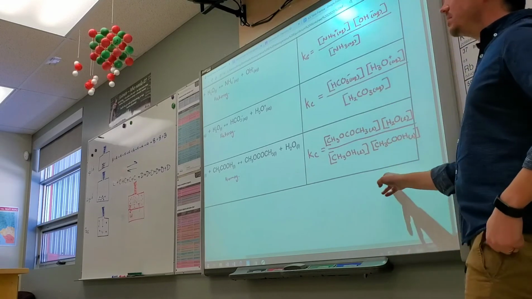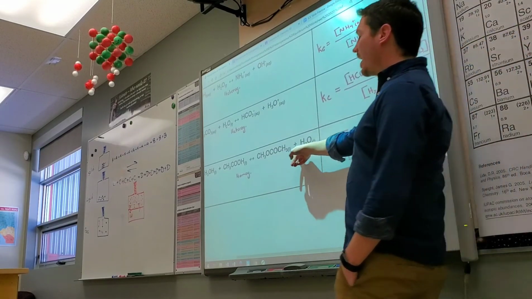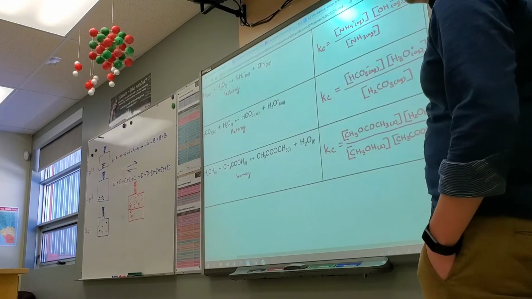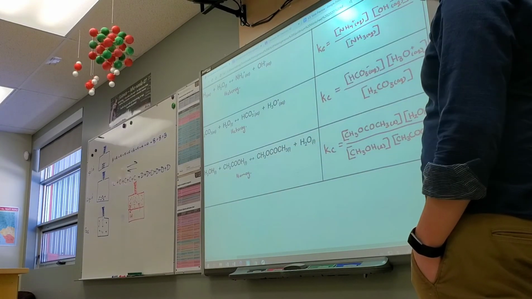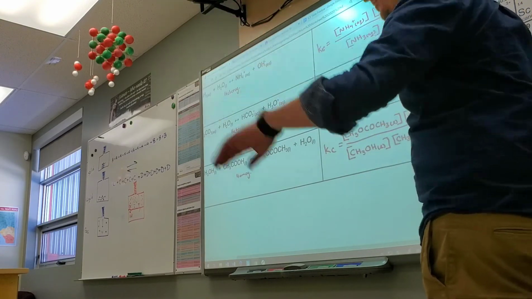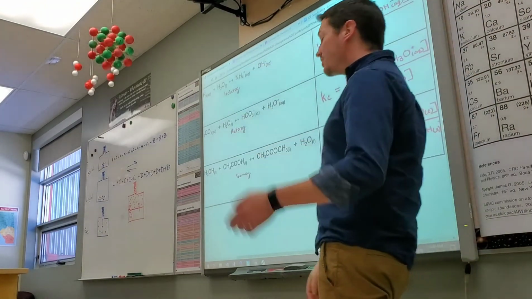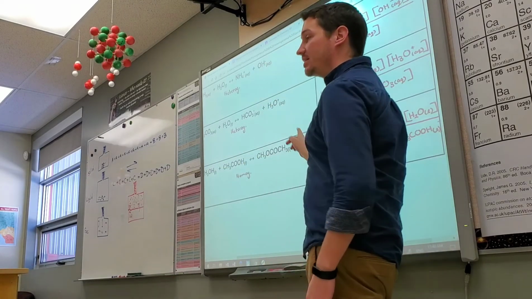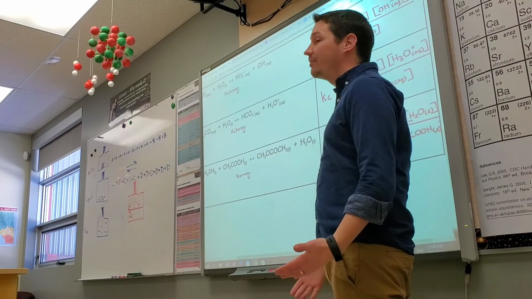How many people made the mistake of ignoring everything for this last reaction? Okay, lots of people aren't being honest, but that's fine. As long as you understand, hey, this is homogeneous, I cannot look at the states of matter anymore. You have to use them.